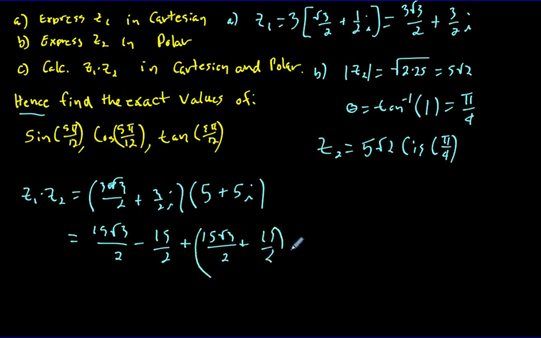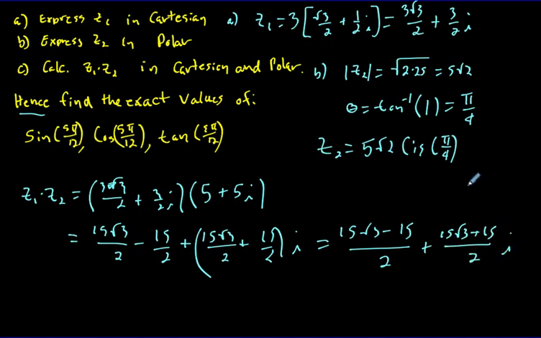And that's going to be our complex part, which simplifies to 15 root 3 plus 15 all over 2, and then i. So that's if I multiplied them in Cartesian form.